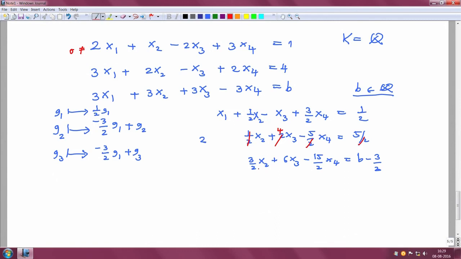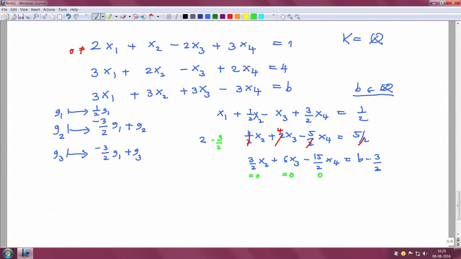Now I will use this to kill this entry. So I have to multiply this by minus 3 by 2 and add it here. So this will go, this will be 0, and this one will be minus 6, and this will also become 0, and this is plus 15 by 2, this is minus 15 by 2, so this is 0.